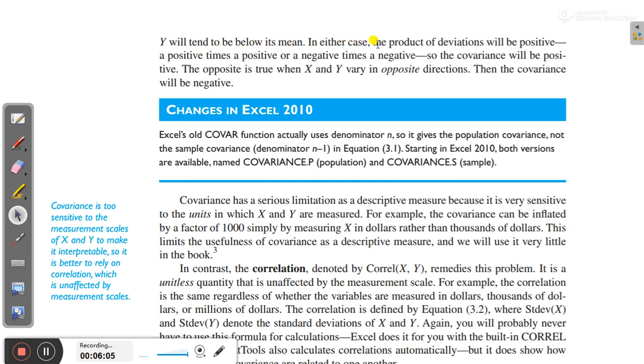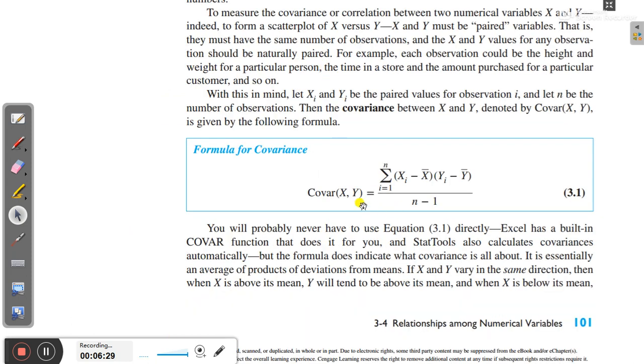In either case, the product of the deviations will be positive, because a positive times a positive or a negative times a negative is positive. So the covariance will be positive. The opposite is true: there will be a negative value when x and y move in opposite directions. In that case, the value of the covariance will be negative.